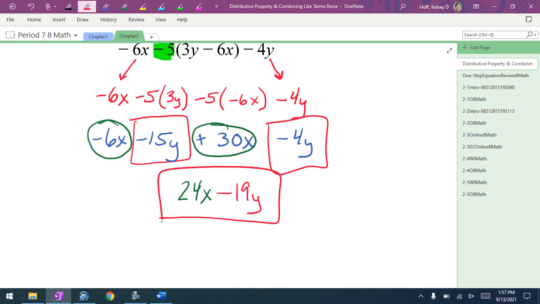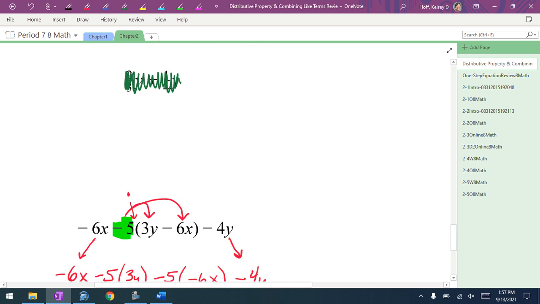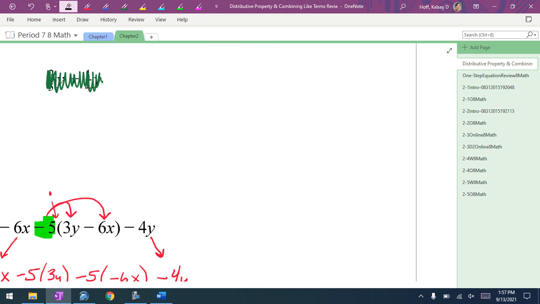I want you to try one more on your own. So go up where you scribbled that problem out. Write this one down: negative 3 parenthesis 7 minus 2x, close the parenthesis, minus 3x plus 5. Oops, that should not be a y. X. Sorry. Wrong letter.